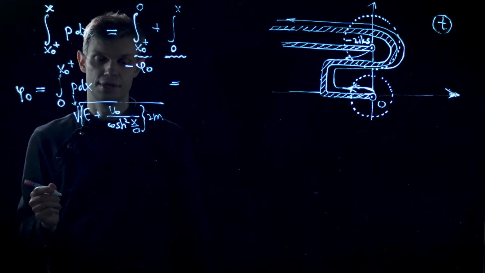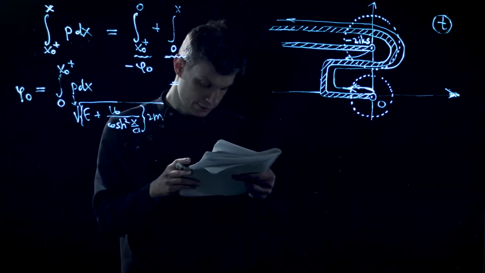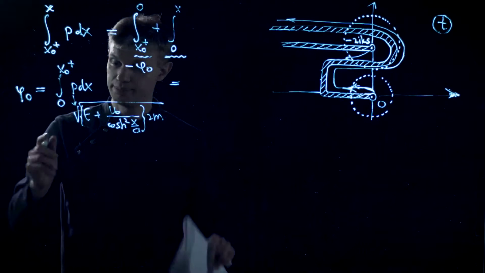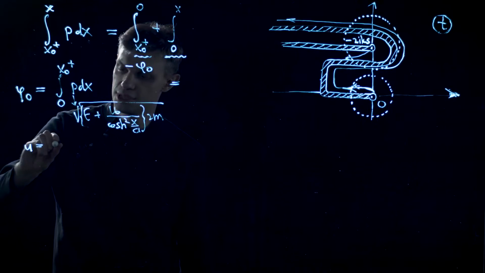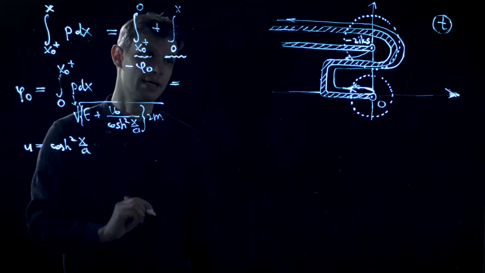You just introduce a change of variables. So u, the new variable, is just cosh squared of x over a.